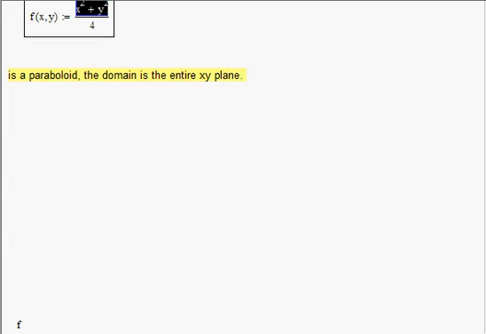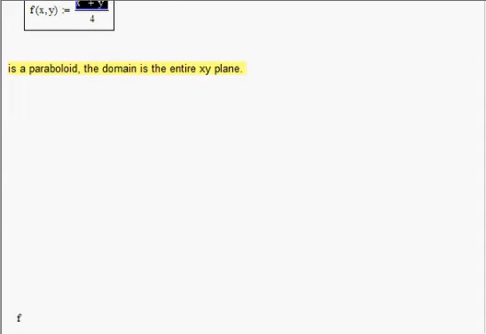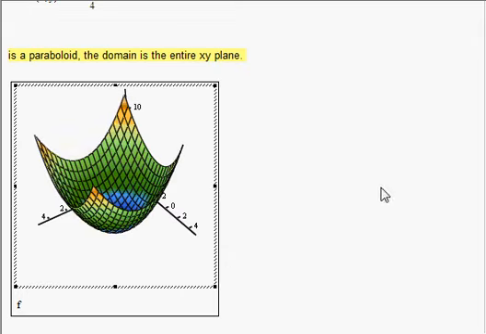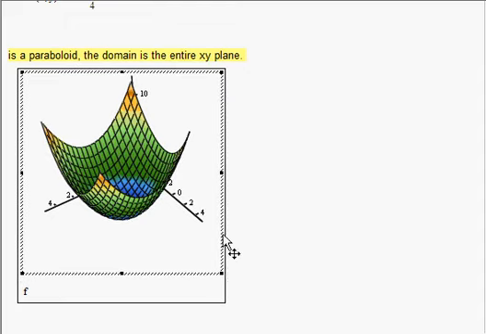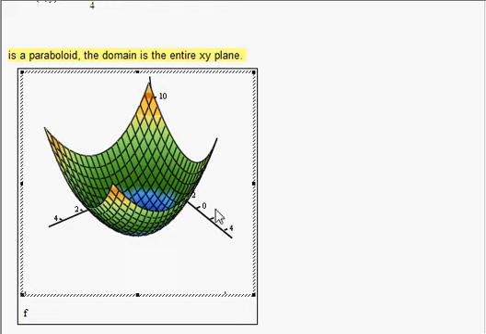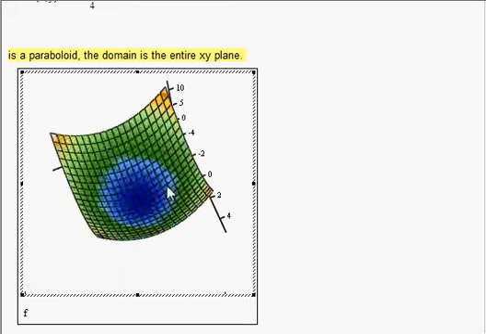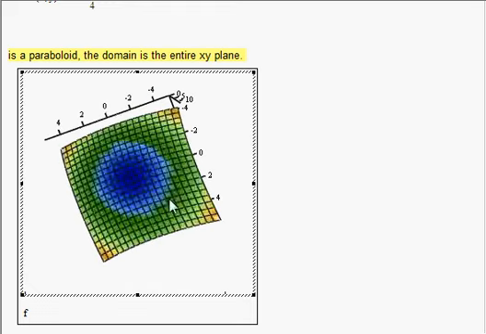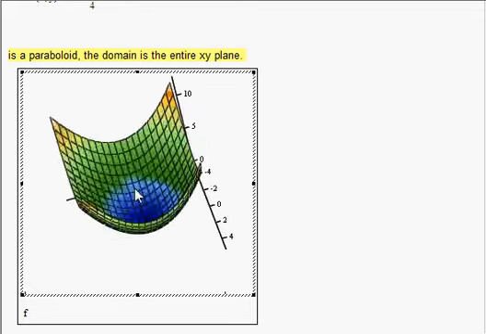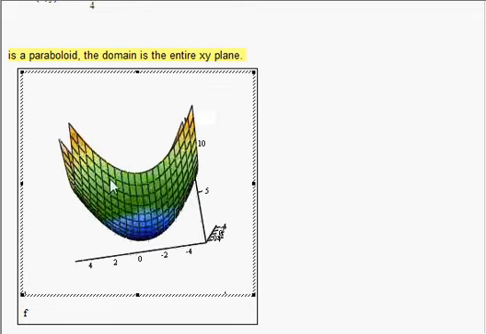So here's a picture. Just disappeared on me. There's the picture of a paraboloid. Let me move it up a little bit, and I can expand it and make it a little bit bigger. And here's the cool thing about it. I can move it around like this. So here's me looking straight down on it. Notice at 0, 0, right, is the very bottom point.